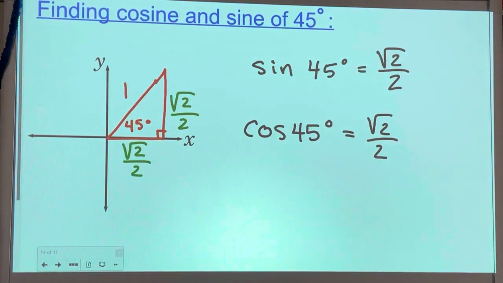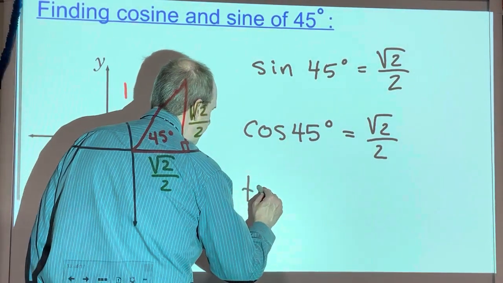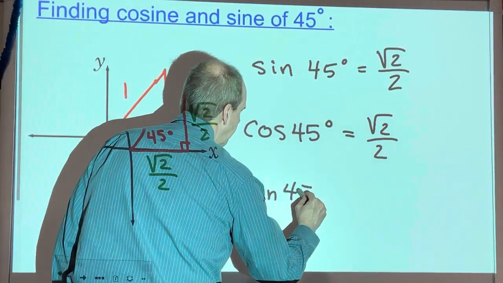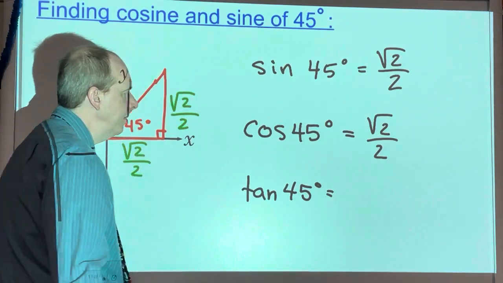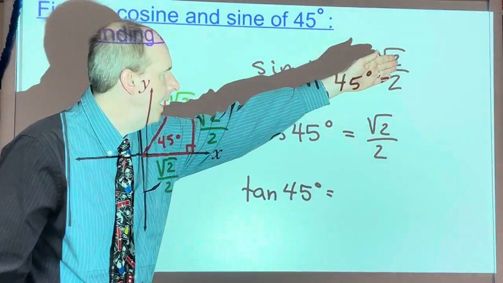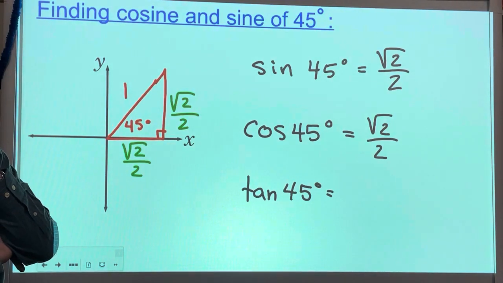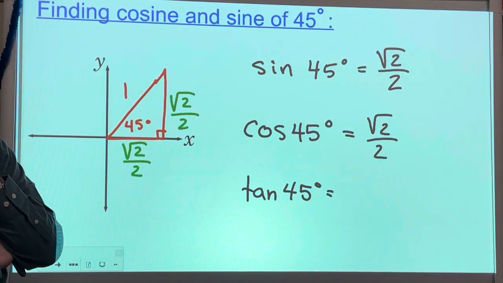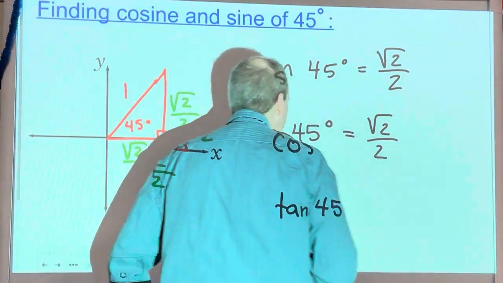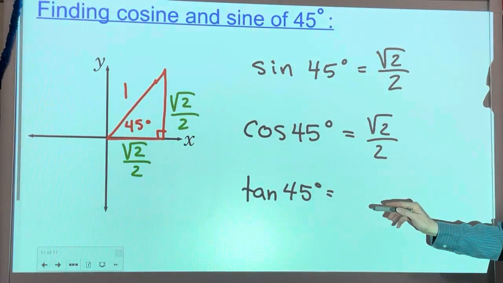How would you get tangent? Well, you take sine divided by cosine. What's anything divided by itself? Okay? Think about that. I'll do it the long way.